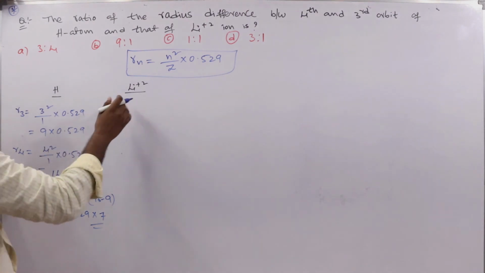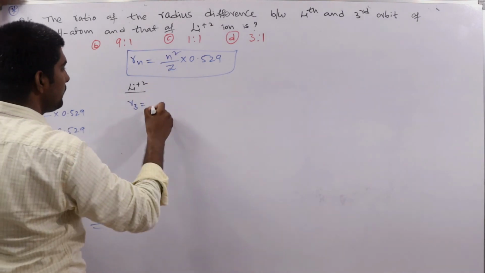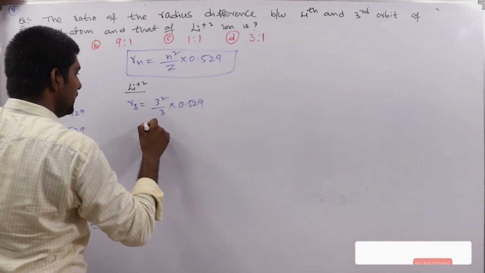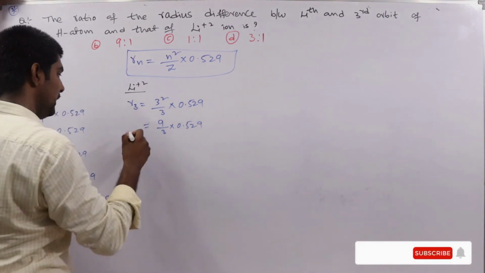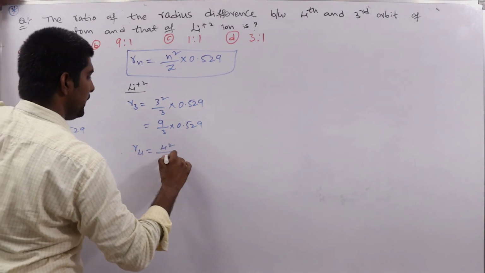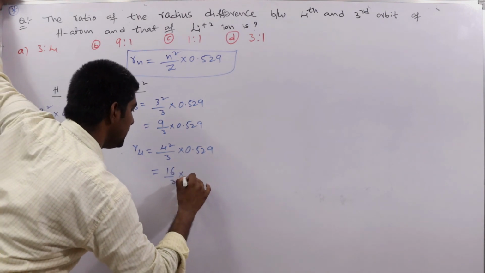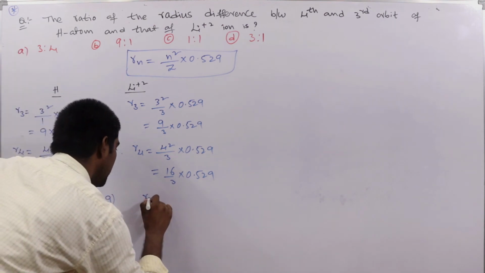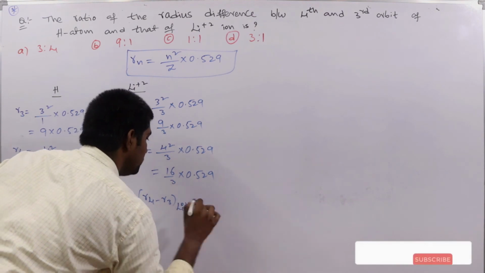In the same manner for lithium plus 2, R3 is 3 square by 3 into 0.529. This is 9 by 3 into 0.529. Next, R4 is equal to 4 square by 3 into 0.529, that is 16 by 3 into 0.529. Now the radius difference R4 minus R3 in lithium plus 2 species.